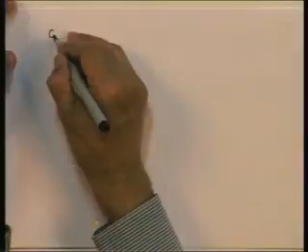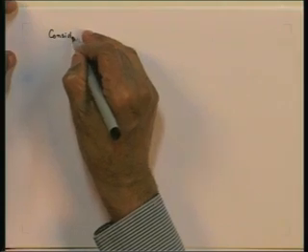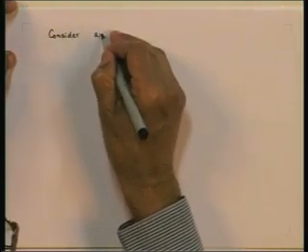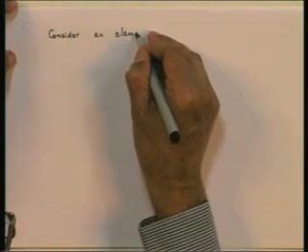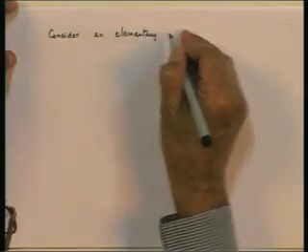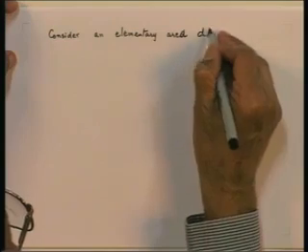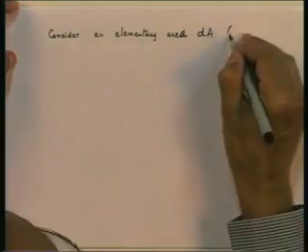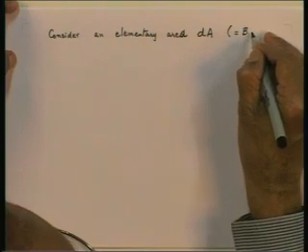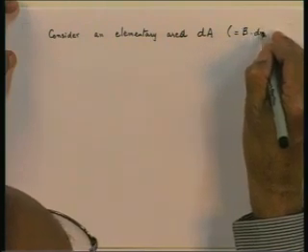Let us now derive the expression. Let us consider some elementary area dA of this heat exchanger, which will be equal to B, the breadth of the heat exchanger, which is a constant, into dx.